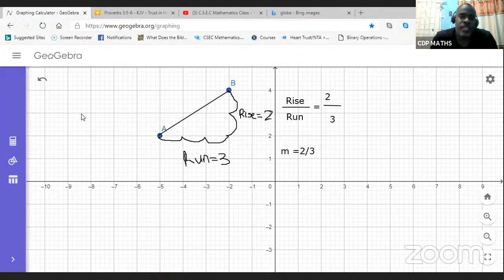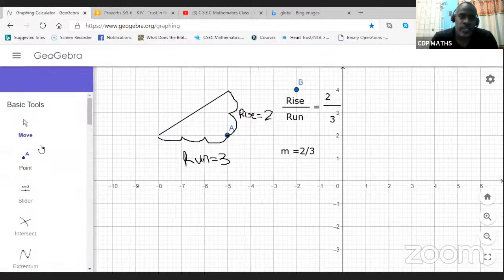You can type your gradient in the chat. On a smartphone or tablet, click on more, then chat. On a laptop, look for the word chat and click on it.